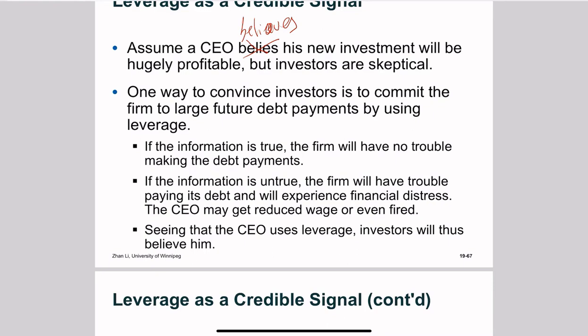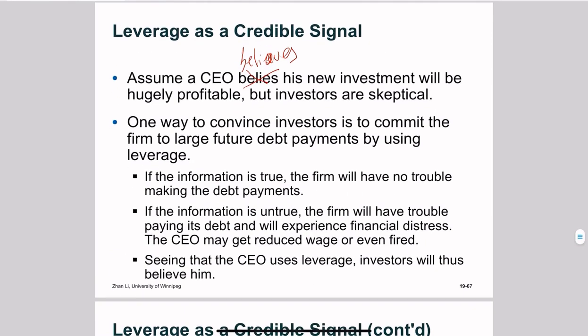This basically implies that after watching the firm use a large amount of debt, investors can conjecture that this CEO is not lying, right? That's why this is called a signal. It signals to shareholders that this project is a good project.